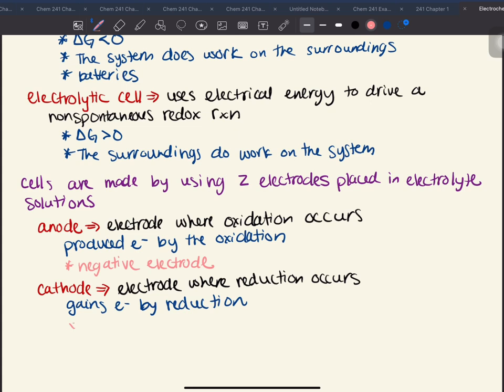And this is going to be the positive electrode. Since the cathode is taking electrons out of the solution or out of the system, it is going to be positive because you're drawing those electrons in.